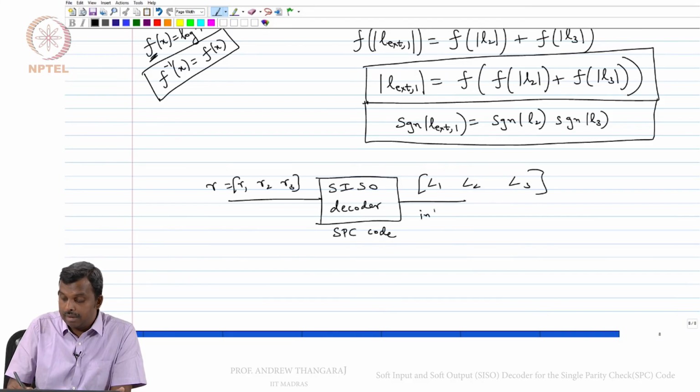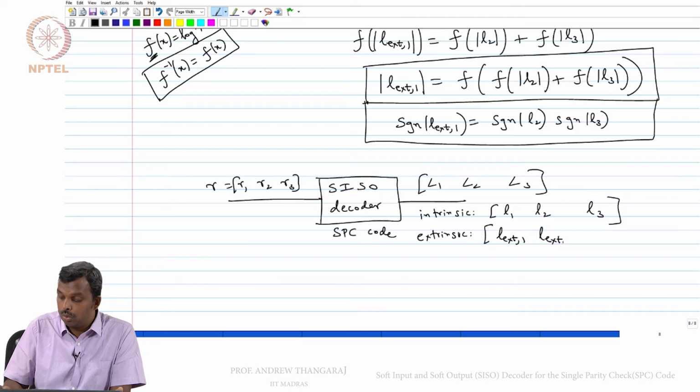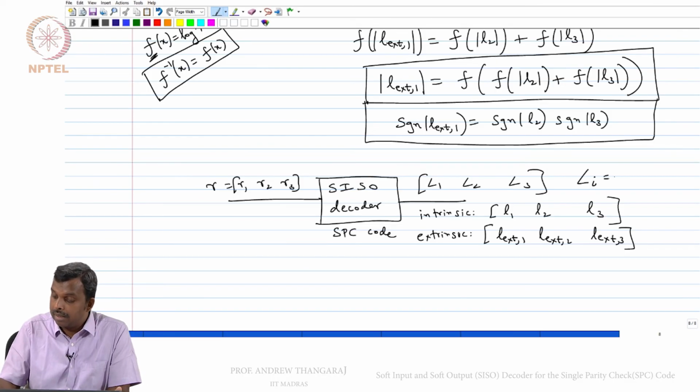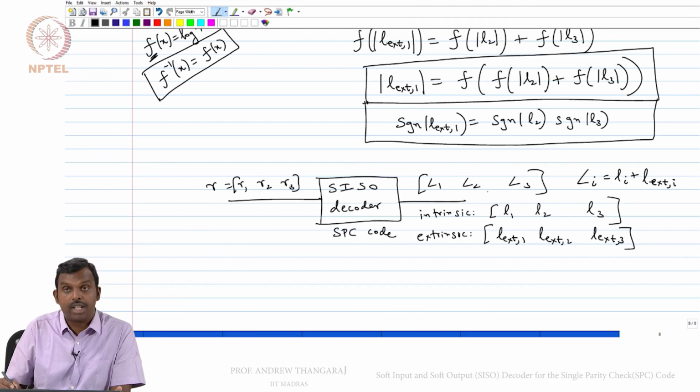So, you have the intrinsic, which is small l1, l2, l3, and you have the extrinsic, which is Lx1, Lx2, Lx3, okay, and your capital Li is small li plus Lx, okay, just the addition of these two.